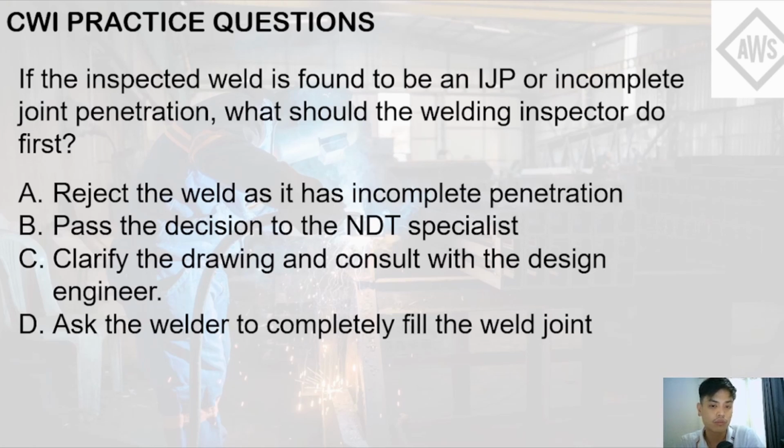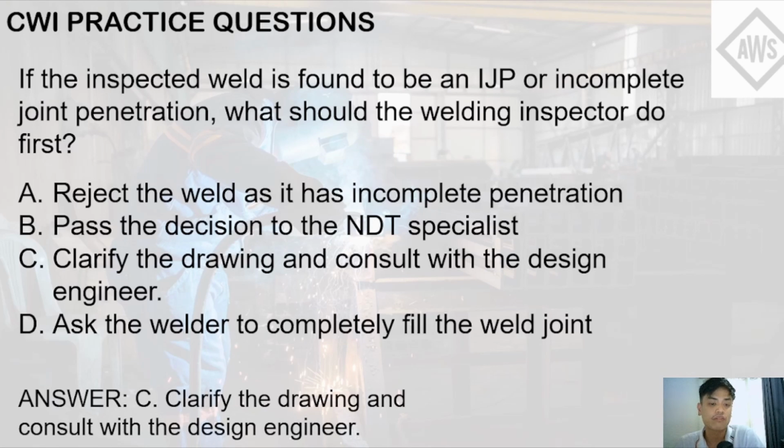Letter D, ask the welder to completely fill the joint. From my point earlier, you need to consult the designer of the structure or the components if it is indeed an incomplete joint penetration. So the answer here is to clarify first the drawing and consult with the design engineer. You need to be in consultation first with the appropriate personnel that design the joints or structures.